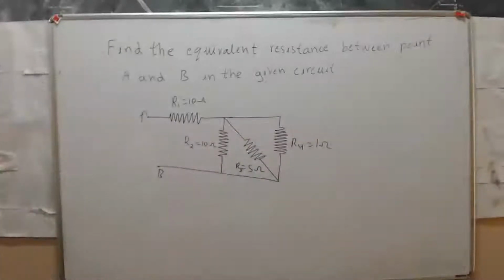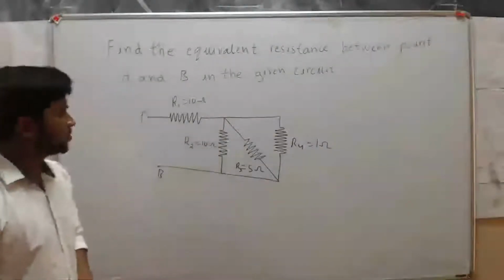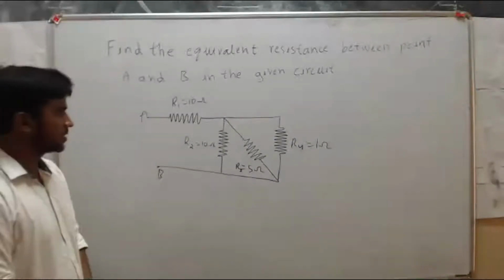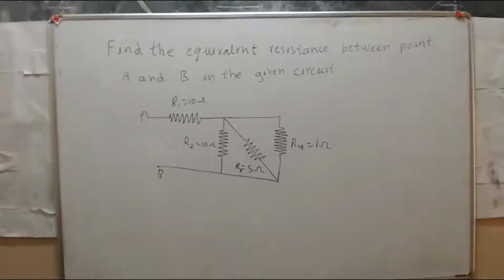Find the equivalent resistance between points A and B in the given circuit. Find the equivalent resistance or total resistance in the circuit.